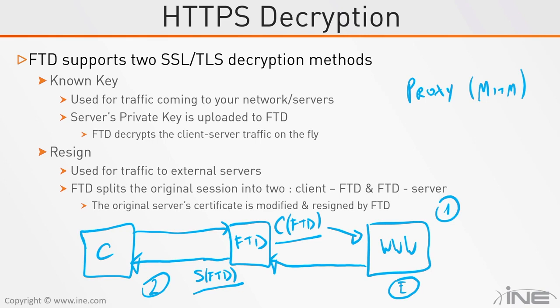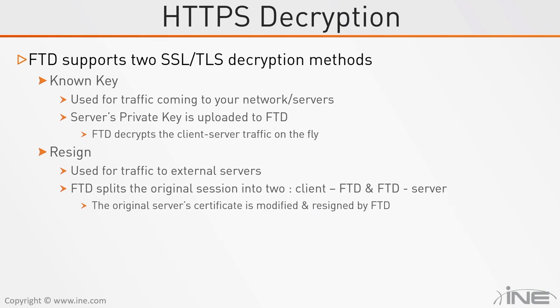Okay, so what is different from this first case, from the known key approach, is that FTD is going to be using its own certificate to replace the server's certificate to the client. Plus, it must always sit in line between the client and the server for this decryption to be performed.